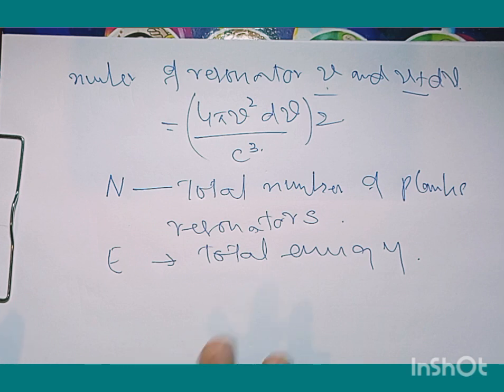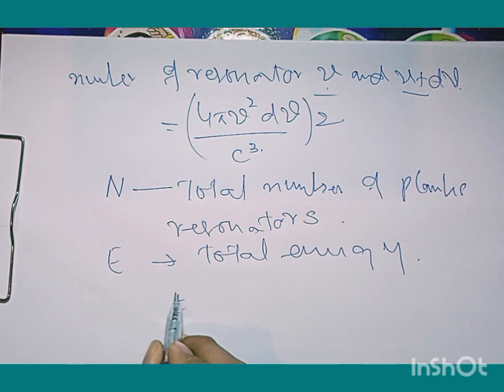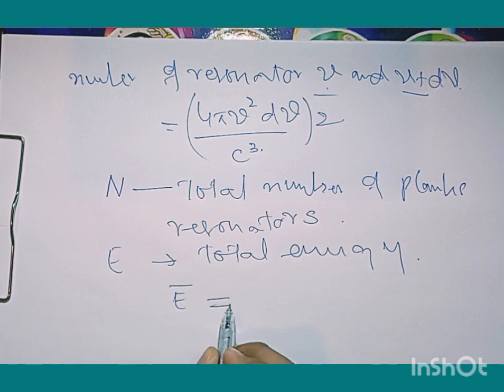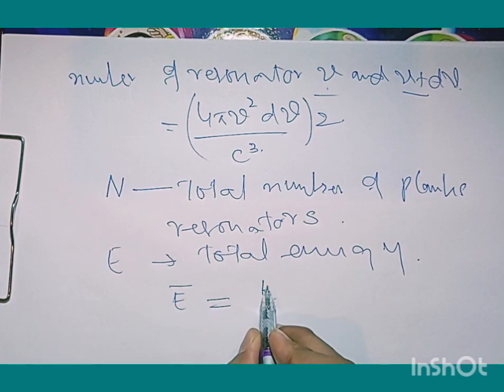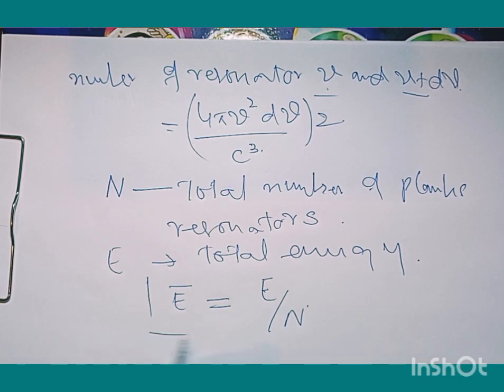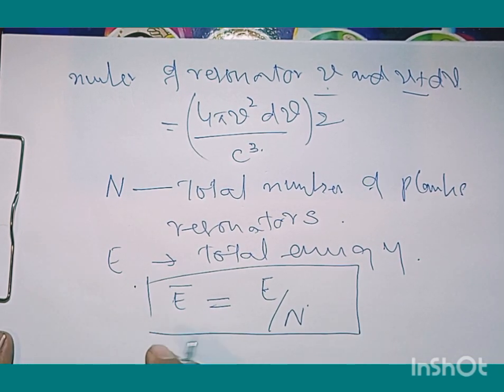Then the average energy per Planck's oscillator, if I represent that energy by E bar, will be E by N. There should be no doubt about this. So this E bar is a representative of the average energy per Planck oscillator.